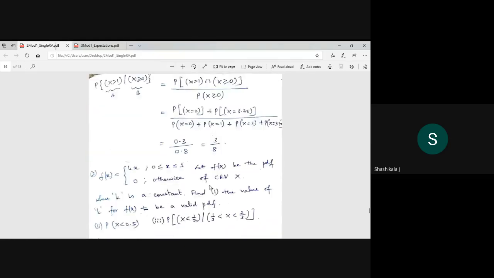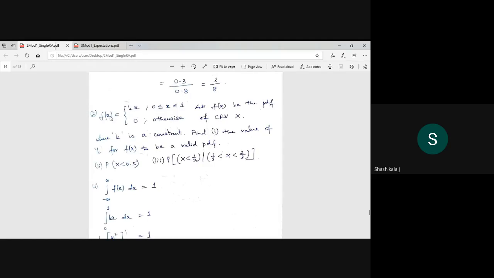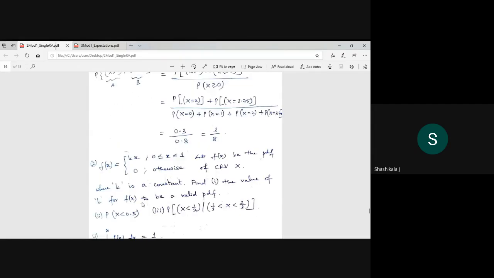Next, f of x is equal to kx, where x varies in the interval 0 to 1, and 0 otherwise. Small f of x is the PDF of a continuous random variable x, where k is a constant. Find the value of k for f of x to be a valid PDF.